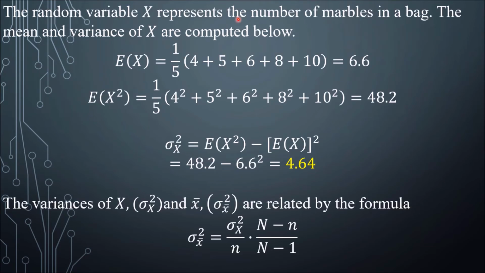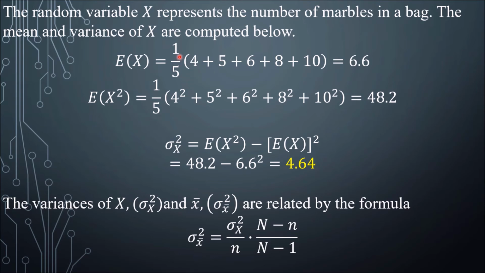Now, the random variable x represents the number of marbles. Earlier, we had the mean. This time, the number of marbles is our random variable. Now, the mean and the variance of the random variable x are computed below.